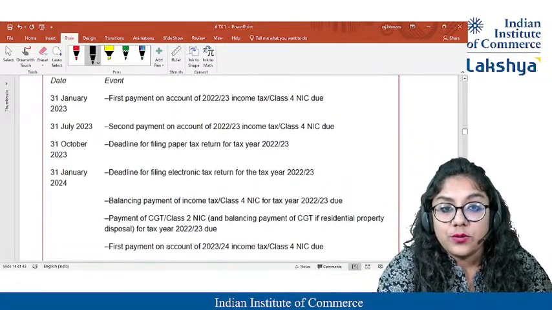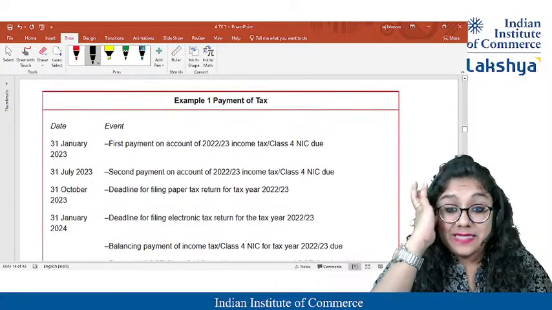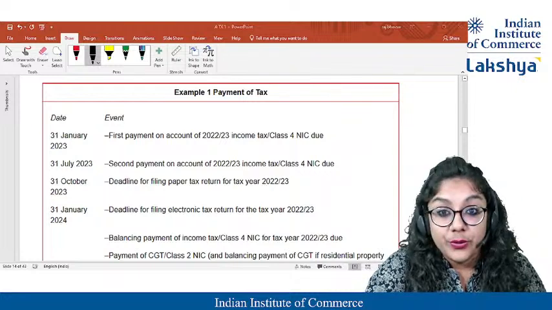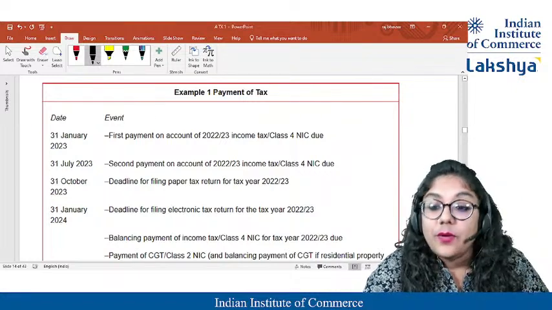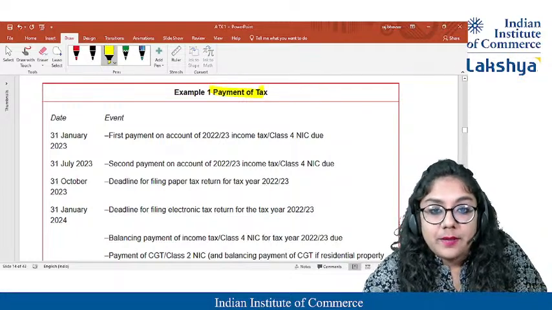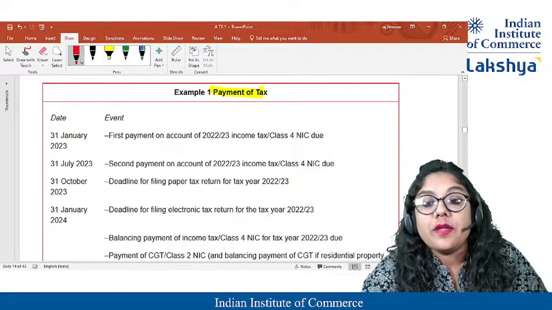Yeah, we have a question for that, and with this question now, we'll understand it better. I'll just try to read it. This is from your ACCA study material, so it becomes important. Very, very simple. Examples of the event: payment of tax. First, 31st Jan.